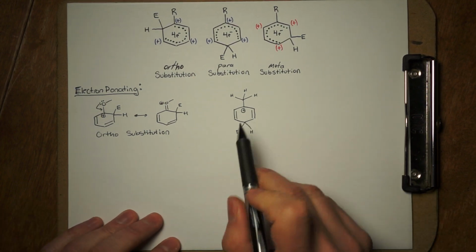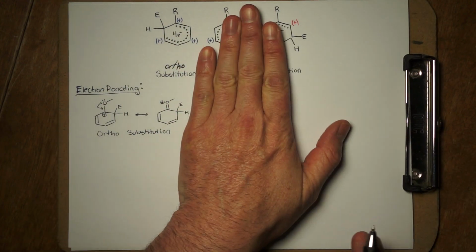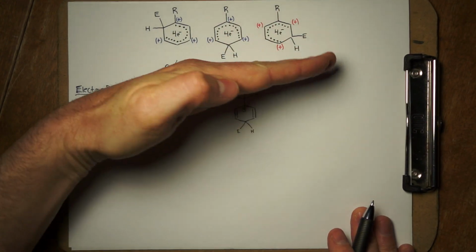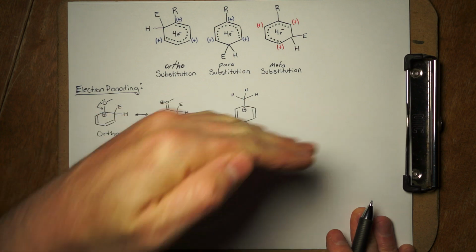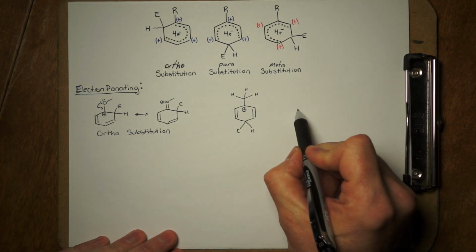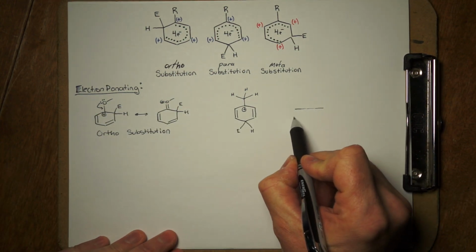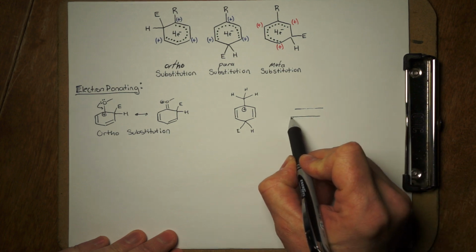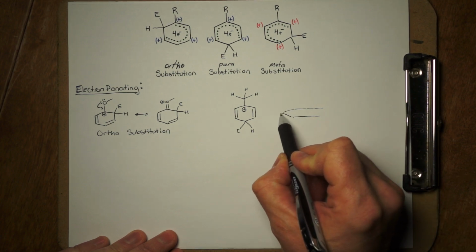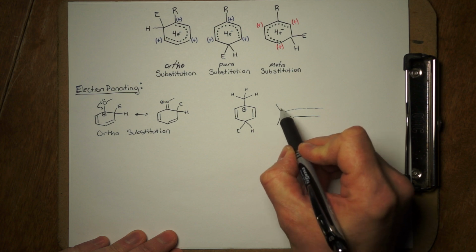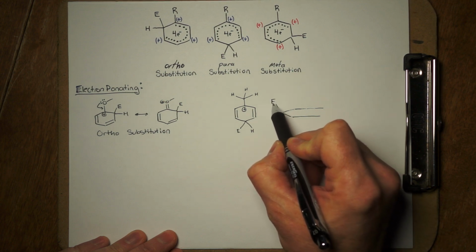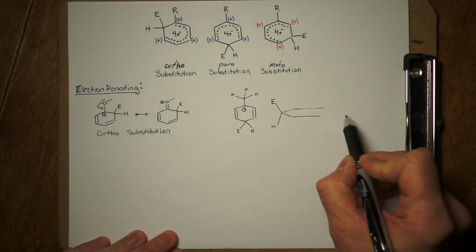And this is best illustrated if we take this molecule, which is now flat, and we flip it up like this. So we're looking at it on the side. And so here's our point of addition or point of substitution.